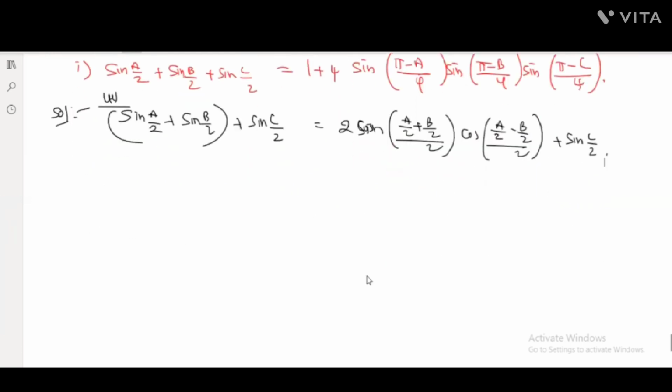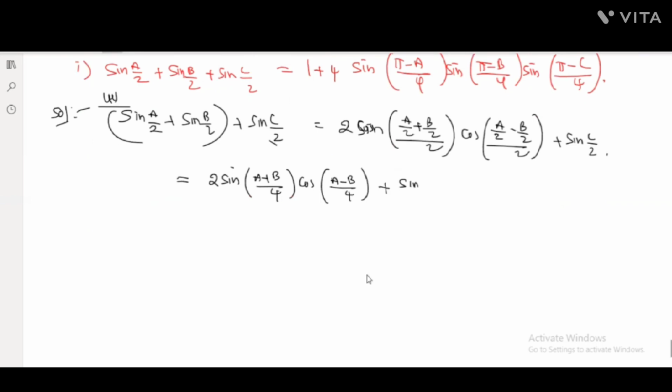So we will apply the formula. This can be written as 2 sine of a plus b by 4 and cos of a minus b by 4 plus sine c by 2.